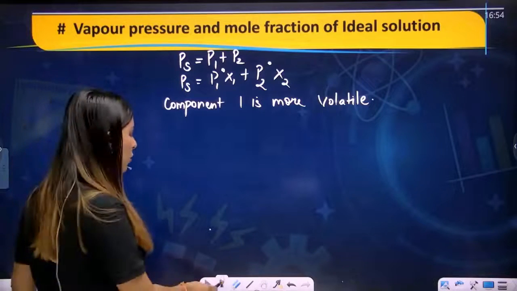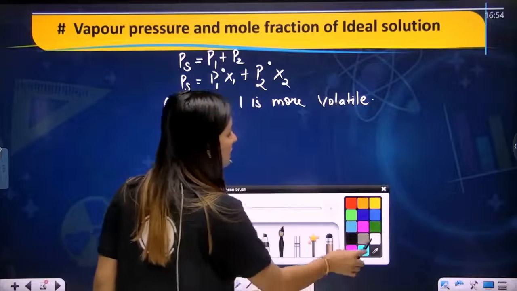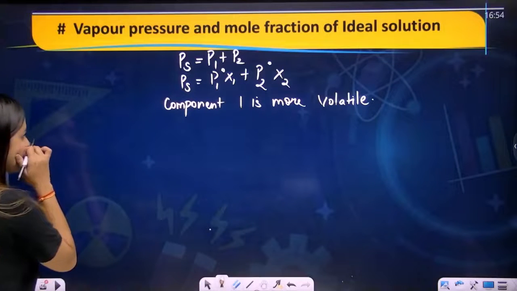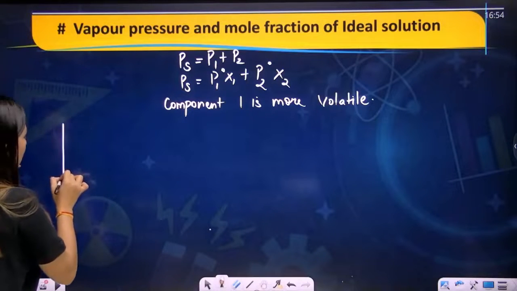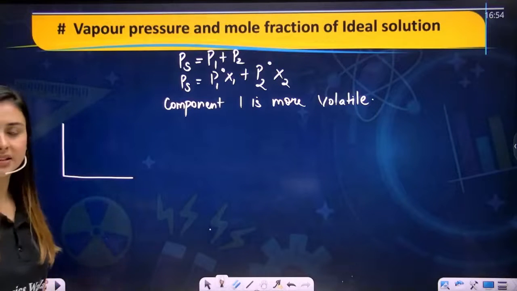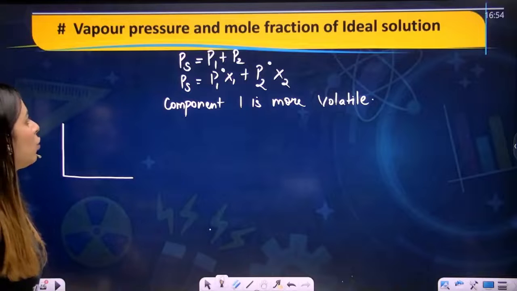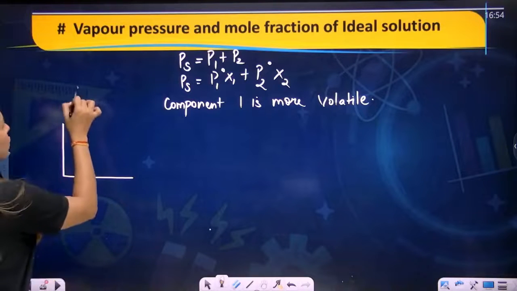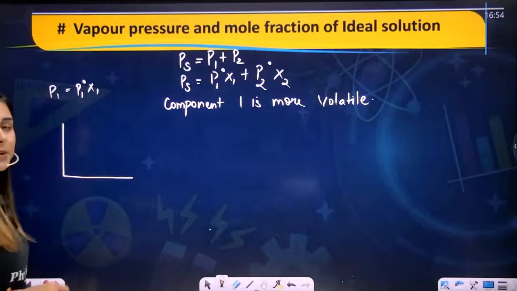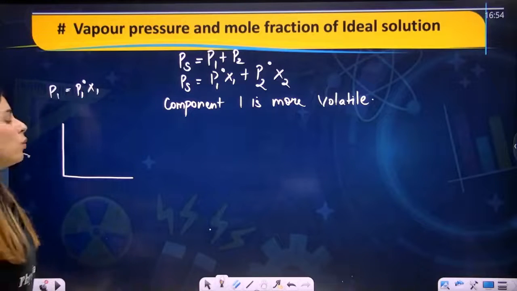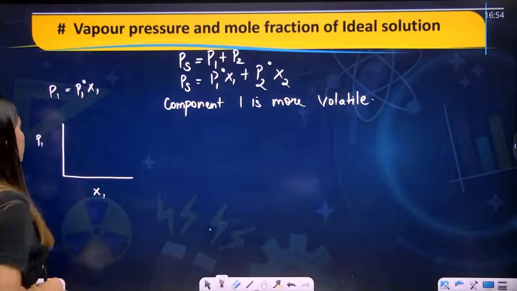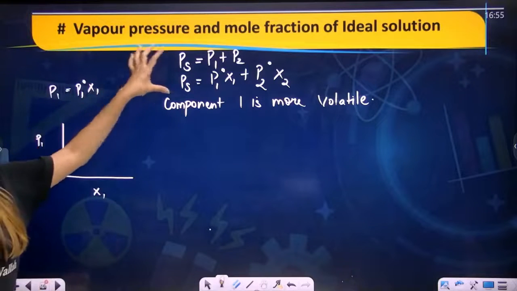Okay, so now my dear students, if you need to plot a graph, what will you do? Imagine you have this x-axis, y-axis. Okay, now first we are going to talk about P1 naught X1, which is equal to the P1 part. Okay, yes, so what can I say here? I can say this will be X1 and this will be P1, partial pressures, because it is a mixture of two components.